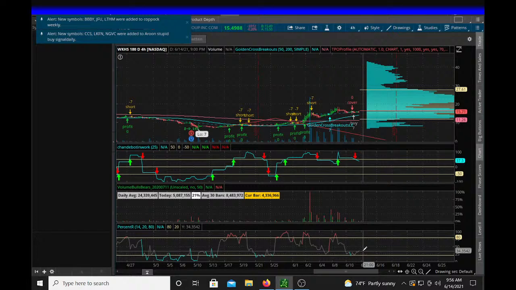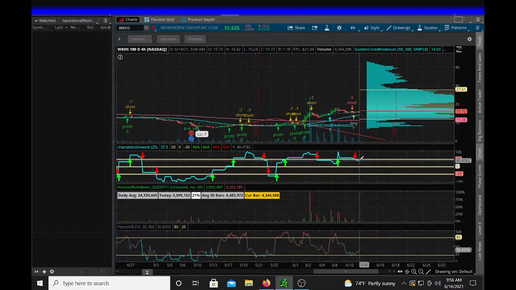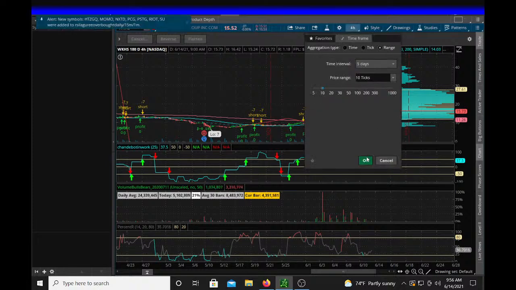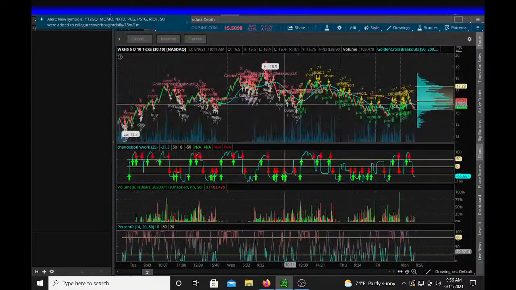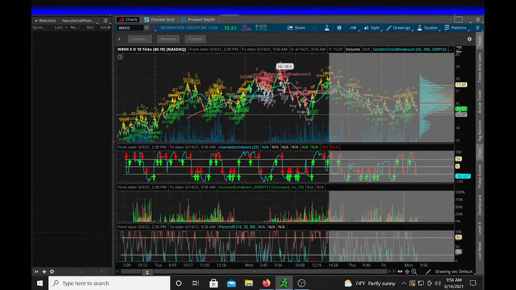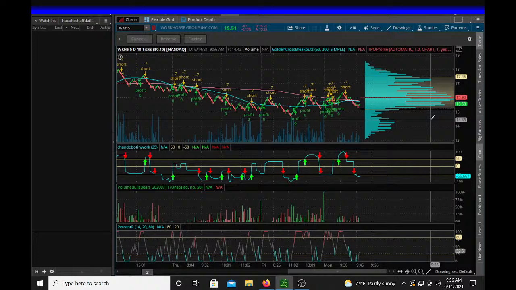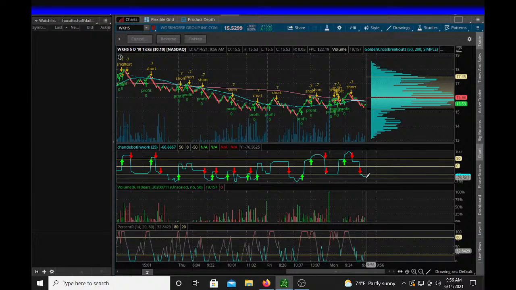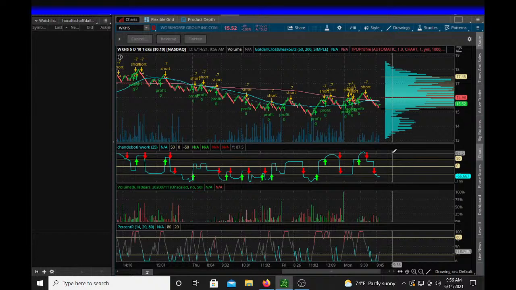Yeah, that could be interesting to follow. Yeah, here we go. So we might see a little upwards movement temporarily. Let's see how that plays out.